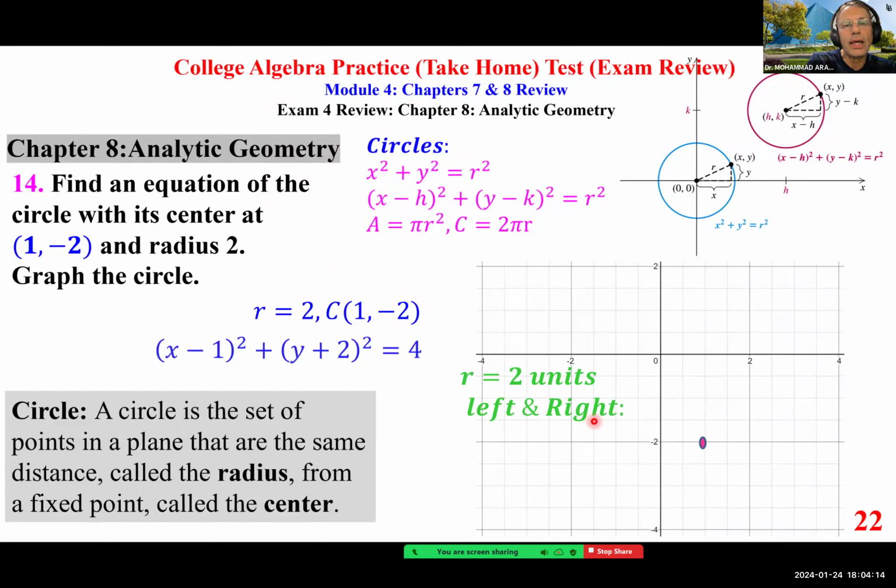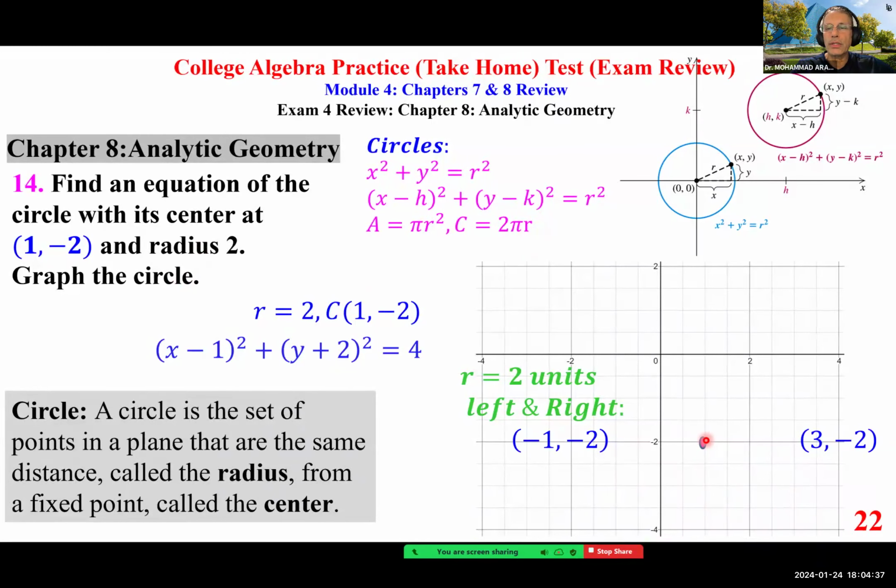If this one has coordinates 1 and -2, for the x coordinate, add 2 becomes 3, and subtract 2. So from this point, go 2 to the left, 2 to the right. When you go 2 to the left, 1 minus 2 makes it -1. So those are the points.